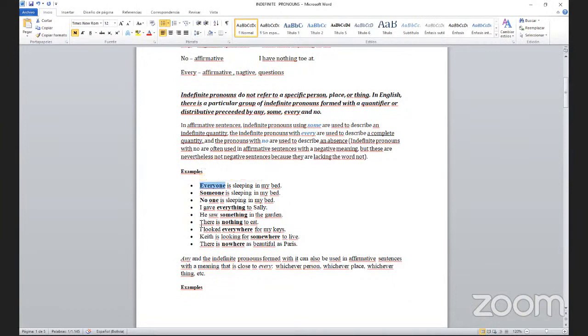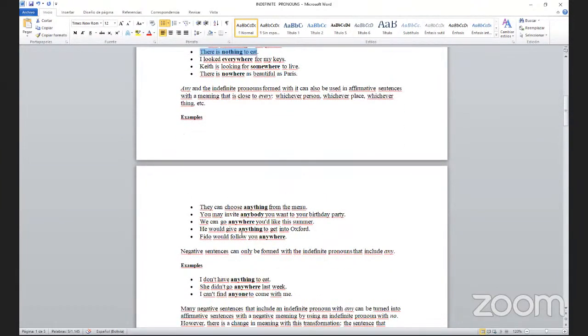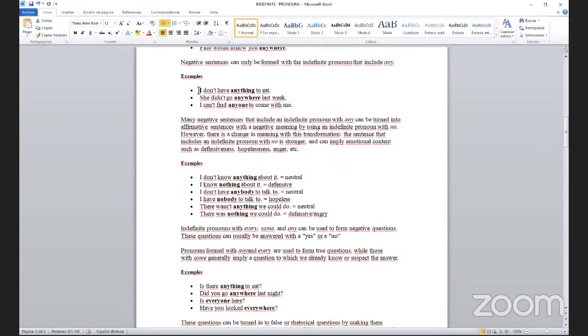About this here, for example, we could see that this is affirmative, nothing with affirmative, okay? And in this case, we are using only affirmative sentences. After this, what do we have? We have negative sentences like I don't have anything to eat. She didn't go anywhere last week. So always any with negative.